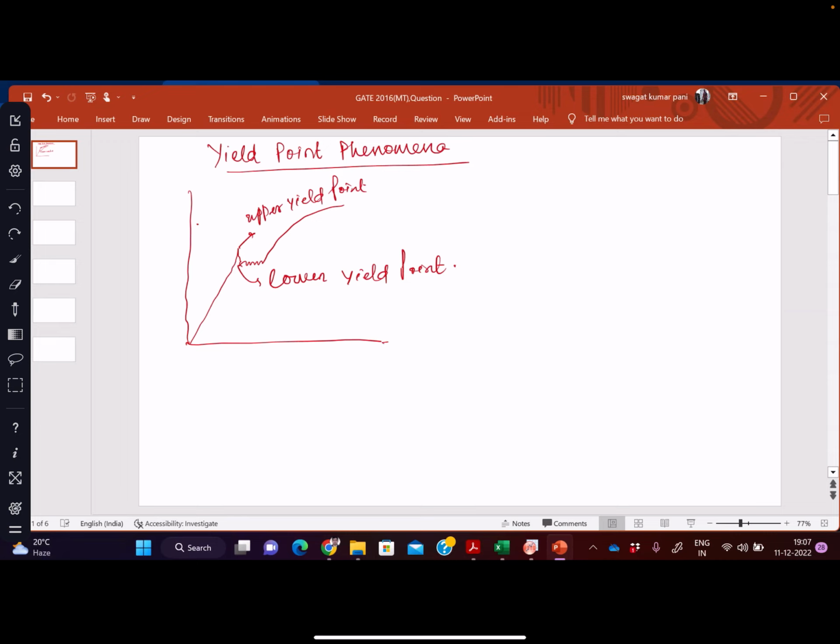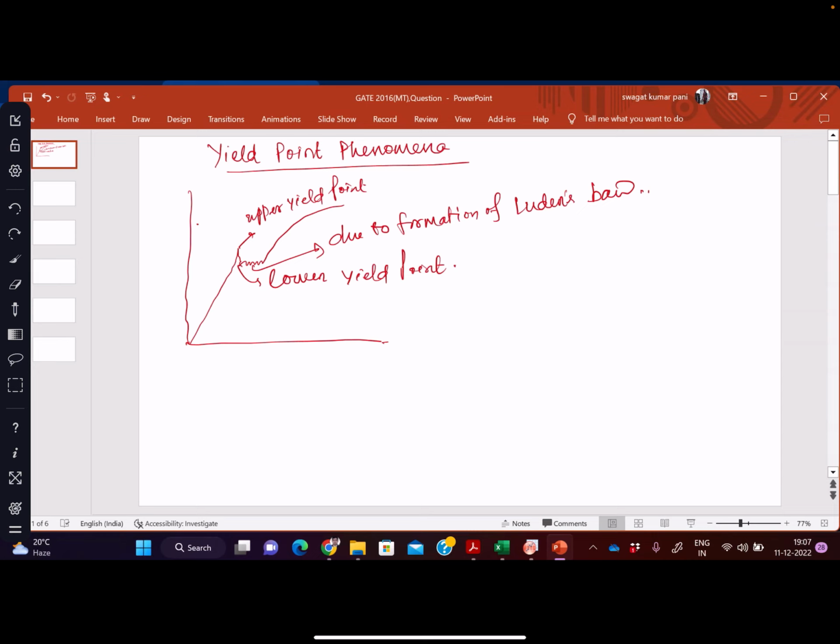So why do we get this region? This is due to the formation of Lüders bands. I'll discuss what these things are properly.